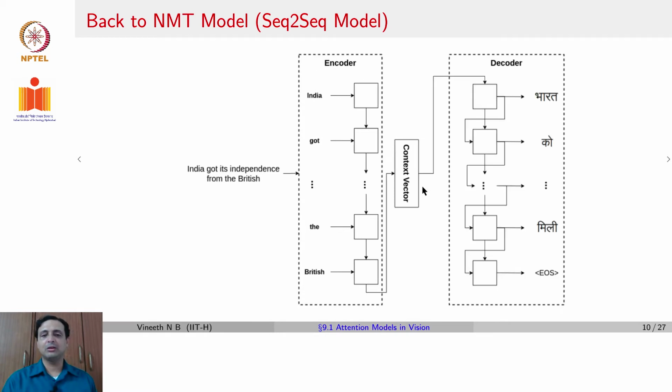This context vector is fed into a decoder RNN, which gives you the output which says Bharat ko, the rest of the sentence, mili, and then you have an end of sentence token. This is what we saw as a many-to-many RNN last week.